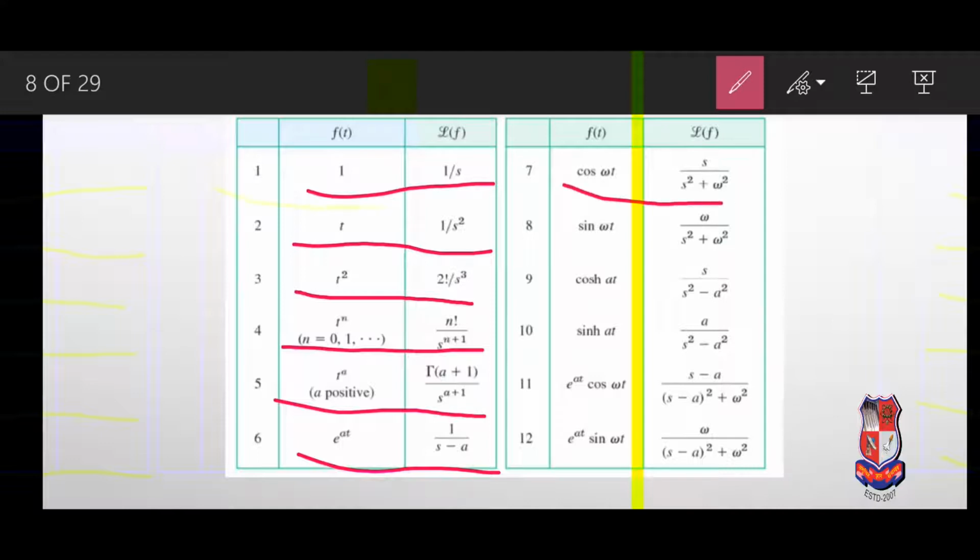Laplace of cos omega t is equal to s upon s square plus omega square. Sin omega t is equal to omega upon s square plus omega square.